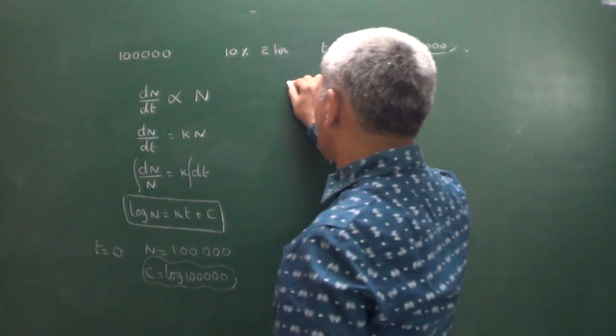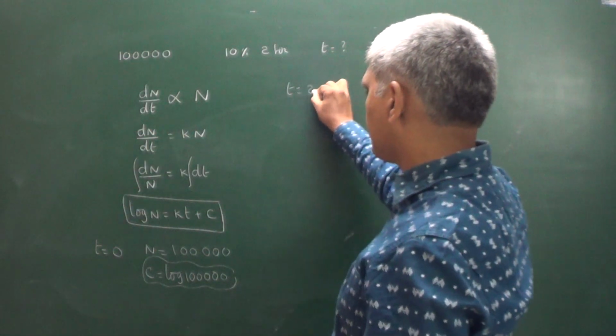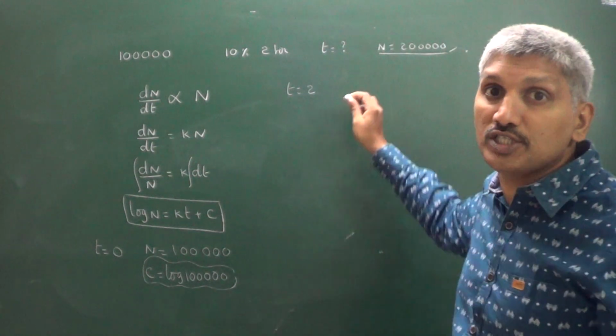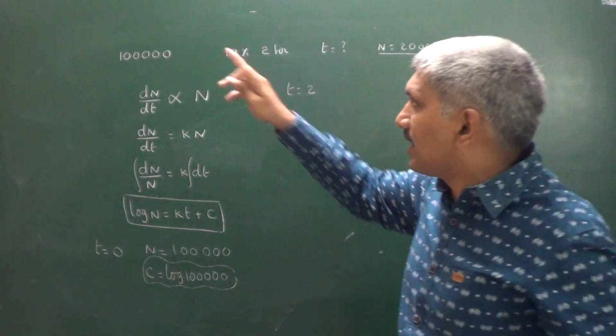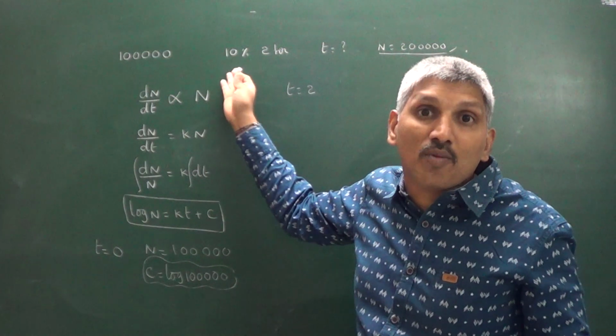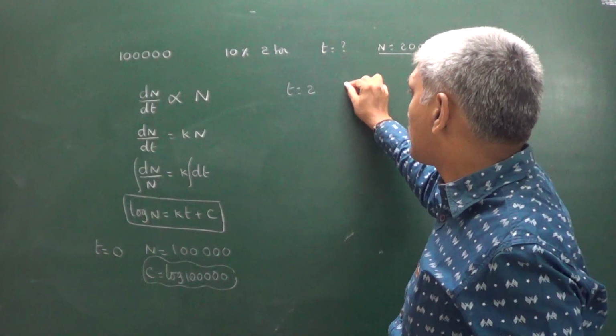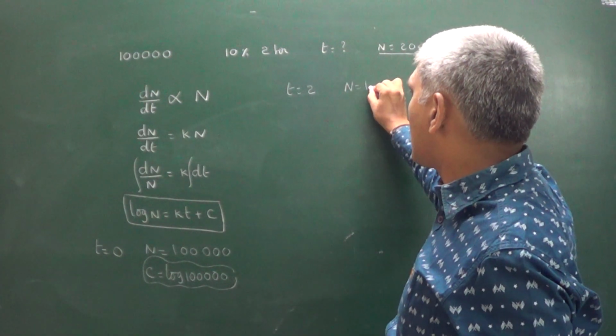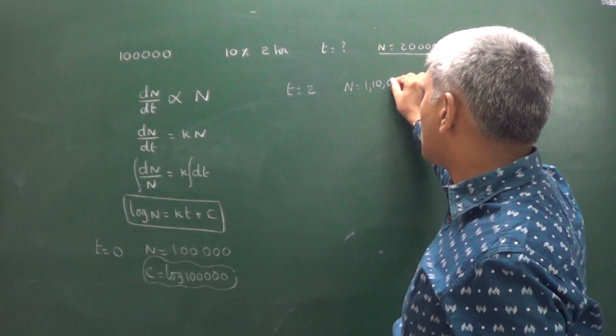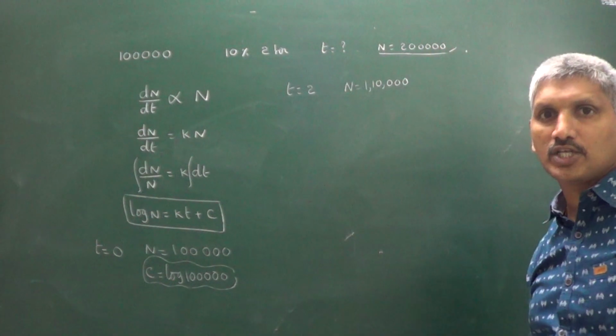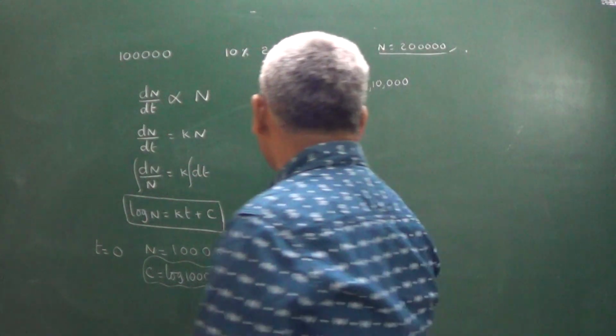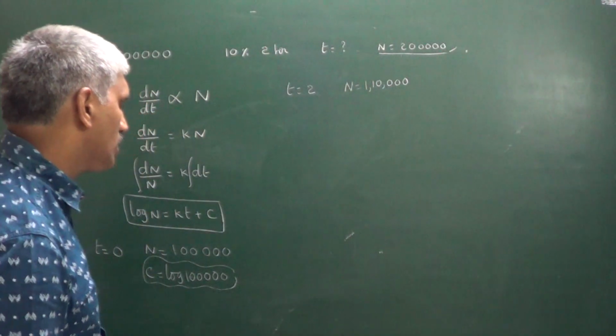Next, after 2 hours the bacteria count is increased by 10%. In 1 lakh, 10% is how much? 10,000. That means after 2 hours the bacteria count is 1 lakh 10,000. That is the count of the bacteria after 2 hours, so N is equal to 1 lakh 10,000.